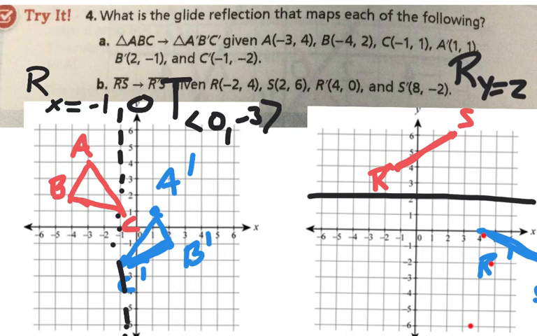And then how much do I need to slide over? I need to go over 1, 2, 3, 4. I got 5. So this used to be at negative 2. Oh, I counted wrong. I counted wrong. That's my fault.